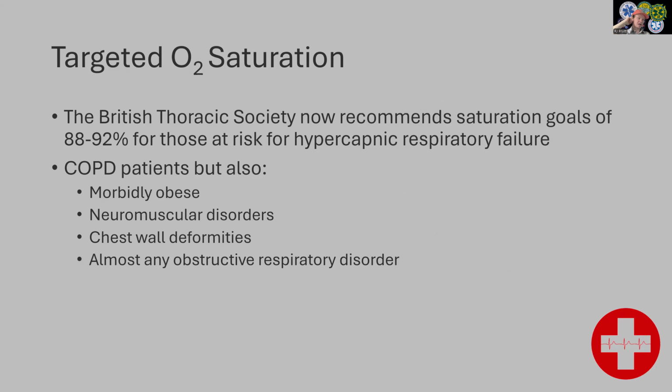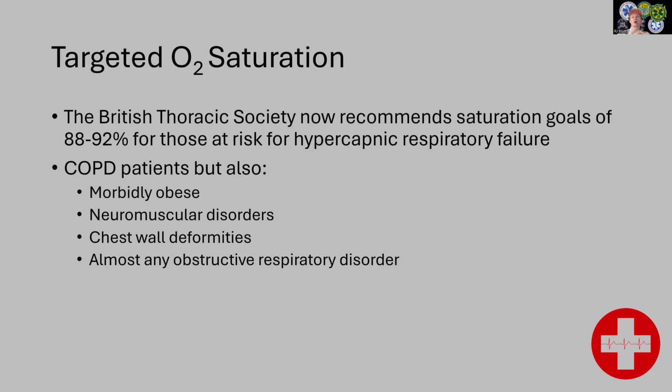So, first piece of that, targeted O2 sats. I mentioned this in class when we did airway, but the British Thoracic Society recommends saturations of 88 to 92% for people who are at risk of this. Obviously, that includes our COPD patients. Our COPD patients are our poster child for hypercapnic respiratory failure, but it also includes those that are morbidly obese.